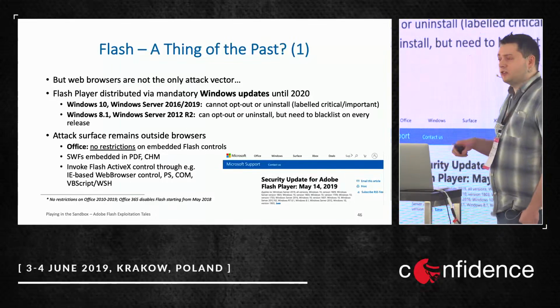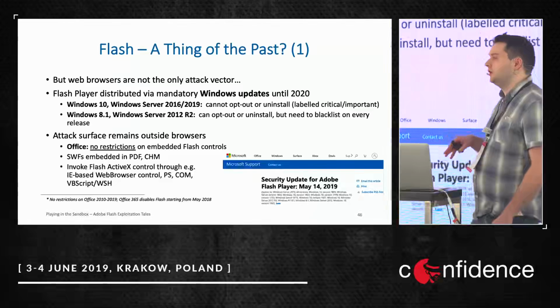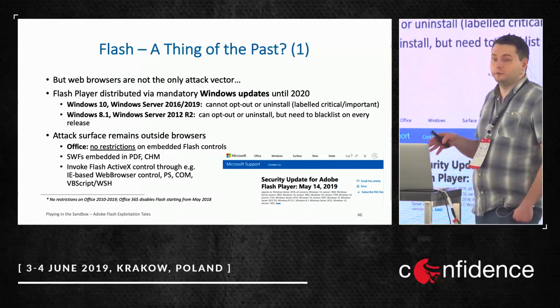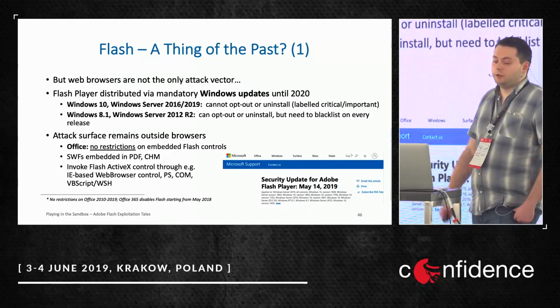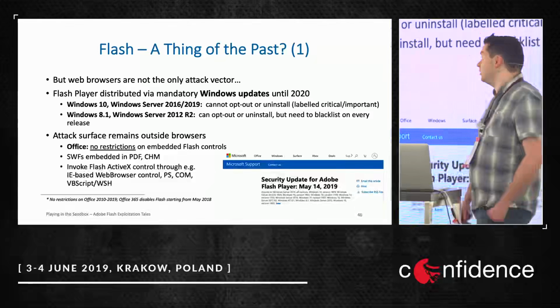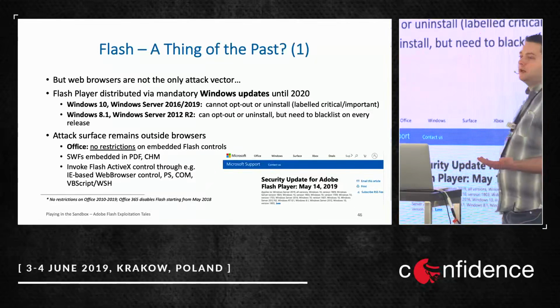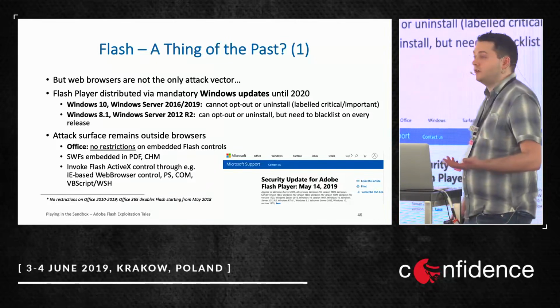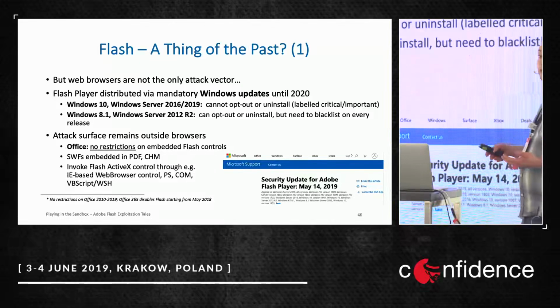This is especially a problem for Windows 10 and Windows Server 2016 and up, because you cannot opt out or uninstall Flash Player. On Windows 8.1 and Windows Server 2012 R2, it's a little bit better, because you can actually uninstall Flash, but you will need to do so with each Flash Player update. And as you can see in the screenshot right here, they do get released very occasionally.